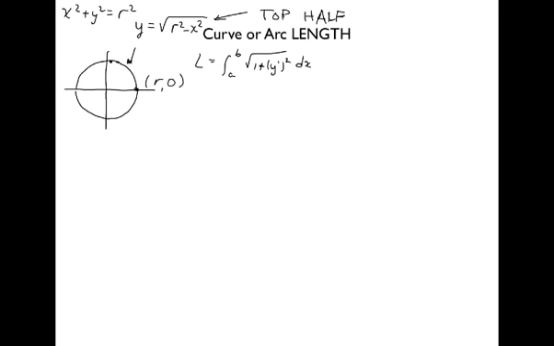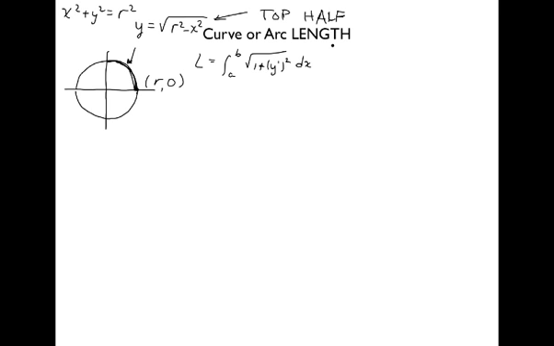Or even better, to make it really easy, let's do this quarter right here. How long should that be in the end? What do we expect if we use the arc length formula to find that length? It should be 1/4 of the circumference, right?